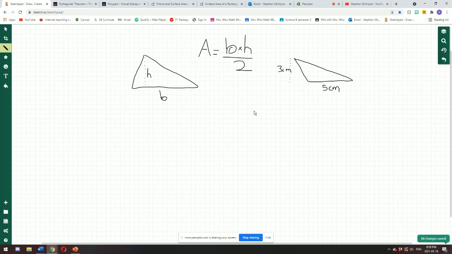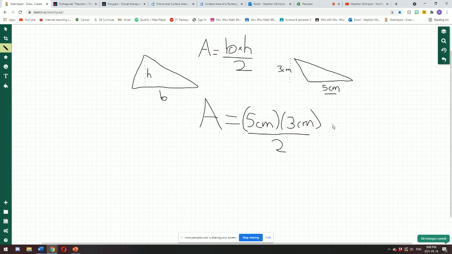Sorry, it's hard to write with a mouse here. So the area equals base, which we're going to use as 5 centimeters, times the height, which is 3 centimeters, divided by 2.